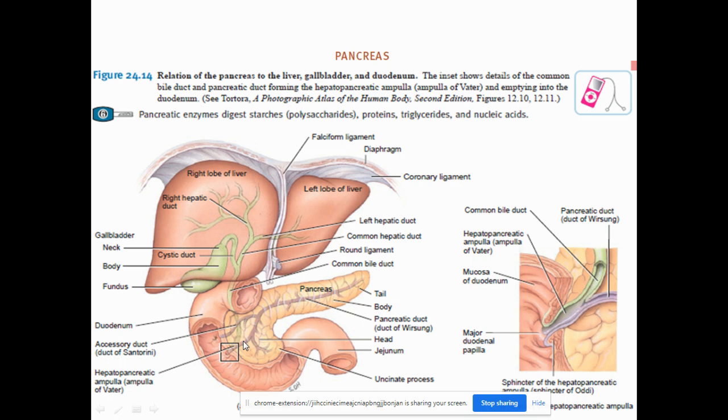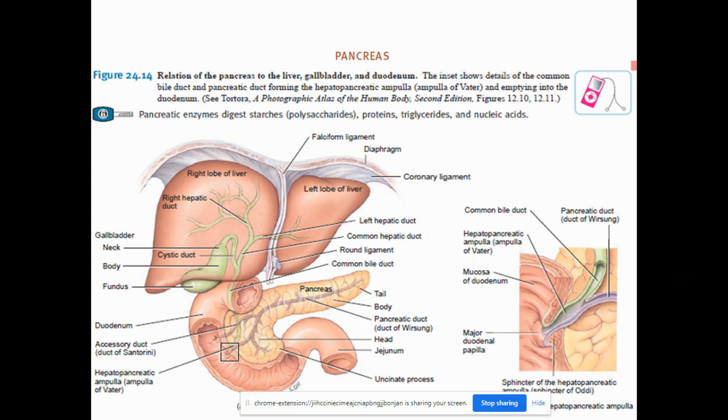You can see the hepatopancreatic ampulla, and they flow into the duodenum. In this enlarged picture, a better picture, you can see the pancreatic duct, that is the duct of Wirsung, and also the green colored common bile duct. Those two join together to form the hepatopancreatic duct or hepatopancreatic ampulla.